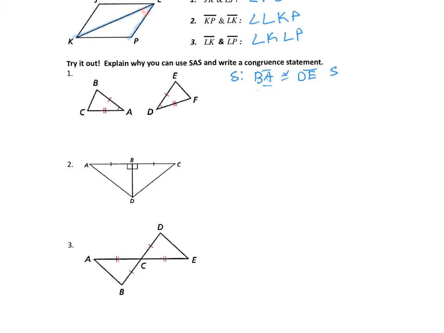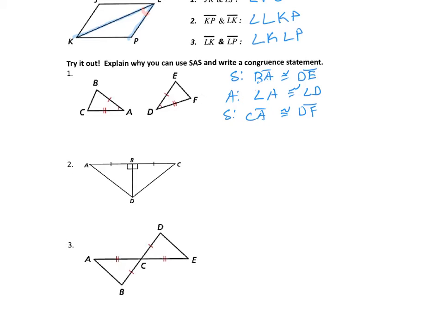Now let's look at our angle, find the angle that's in between them. Well, that's A and D. Angle A is congruent to angle D. And let's find a side. The last side, CA, is then congruent to DF. So this gives us our side, angle, side right there.